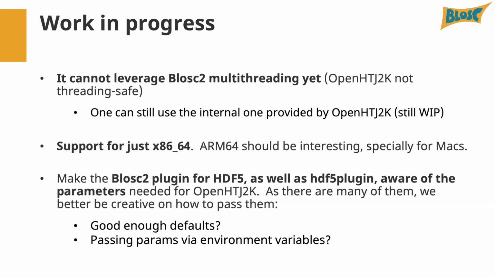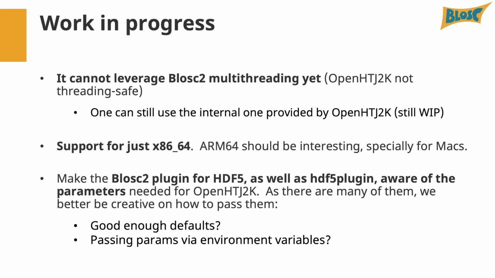And we would also like to make the Blosc2 plugin for HDF5, as well as the HDF5 plugin, aware of the many different parameters needed for OpenHTJ2K. As there are many of them, we should be creative on how to pass them.